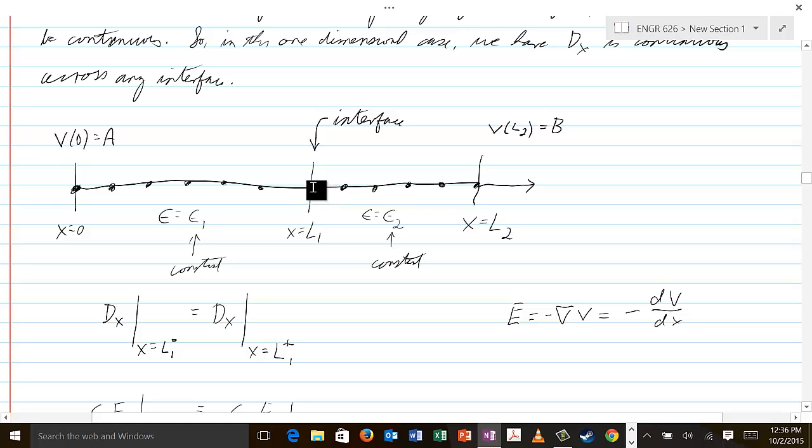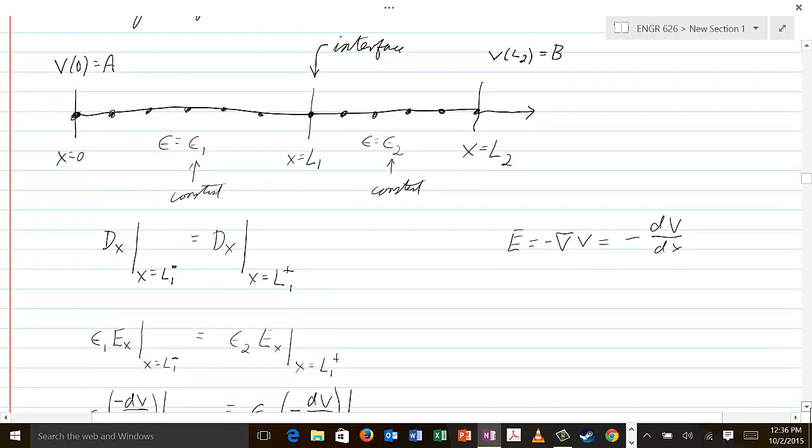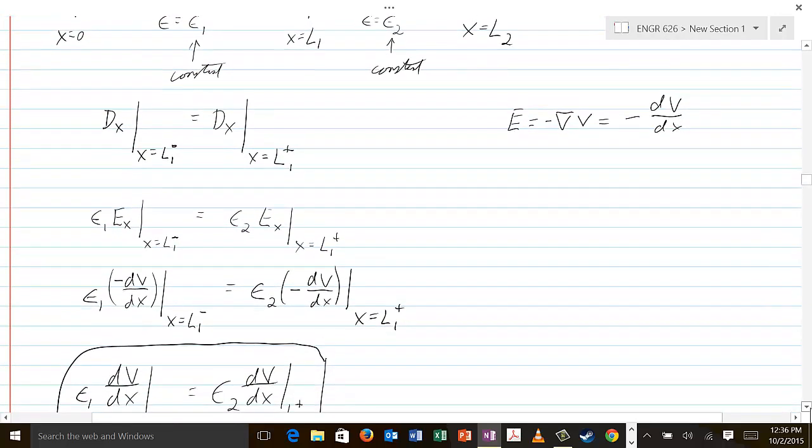So it's saying dx just a nanometer to the right of L1 is equal to dx just a nanometer to the left of L1. Even though epsilon is changing there abruptly, dx cannot change abruptly. So that is the key for solving this problem. Okay, and let's see how that will be used.